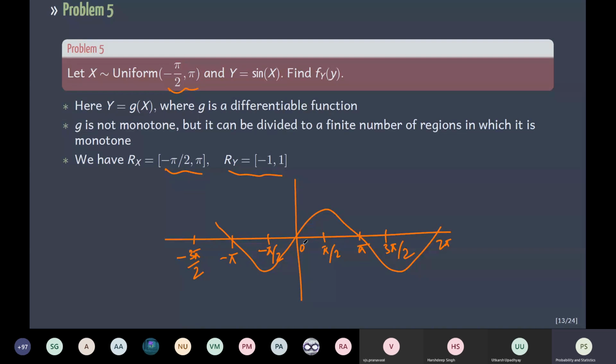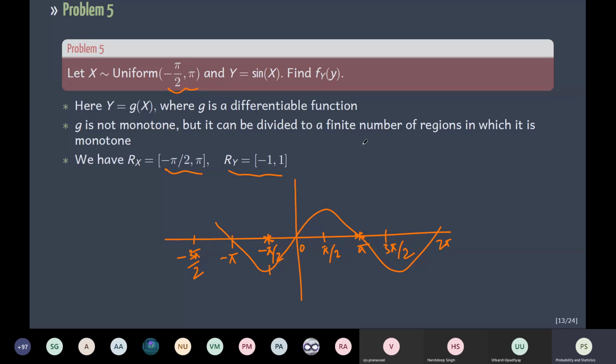So the problem is defined over minus pi by 2 to pi. Our focus starts from here, minus pi by 2 to pi. This is the focus, and what we see is that from minus pi by 2 to 0 it's increasing.